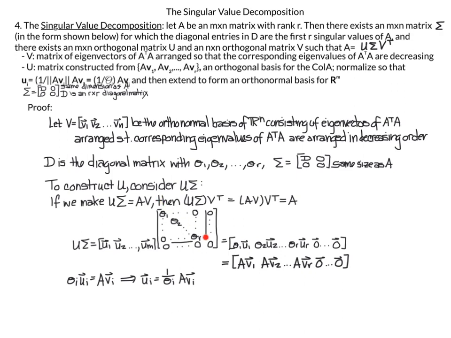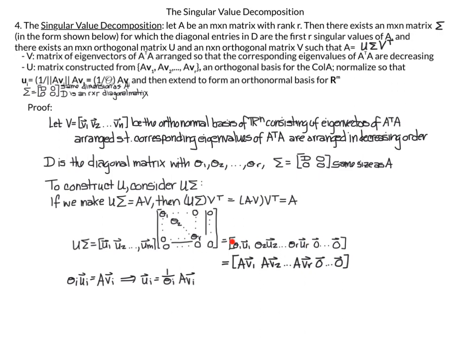When you multiply our U matrix times this diagonal matrix, the first column vector of U sigma is sigma 1 U1, the second column vector is sigma 2 U2, and the rth column vector is sigma r Ur, and then zeros padding along.